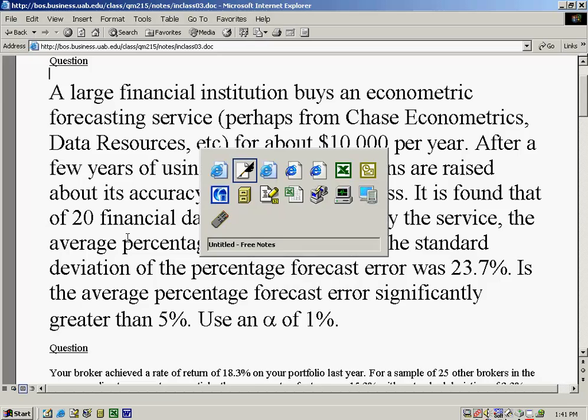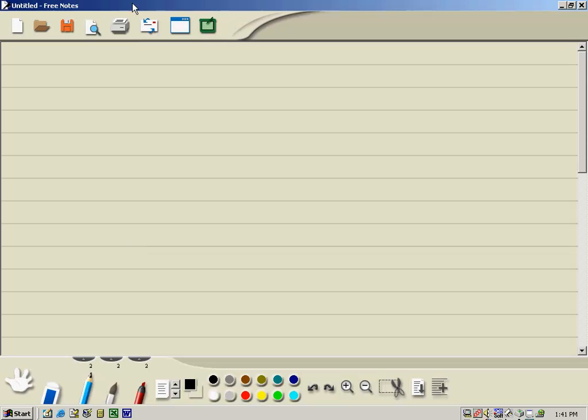Okay, let's write down all our sample data. Sample n is equal to 20, sample average of 12.4%, and sample standard deviation of 23.7%.